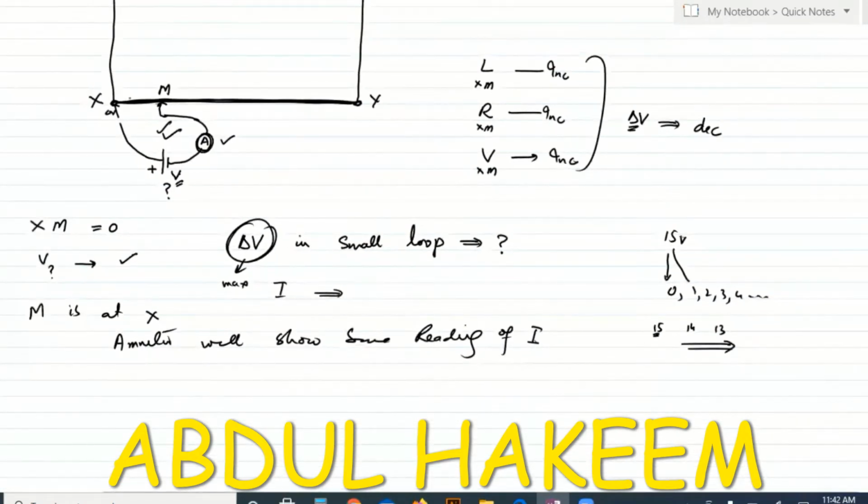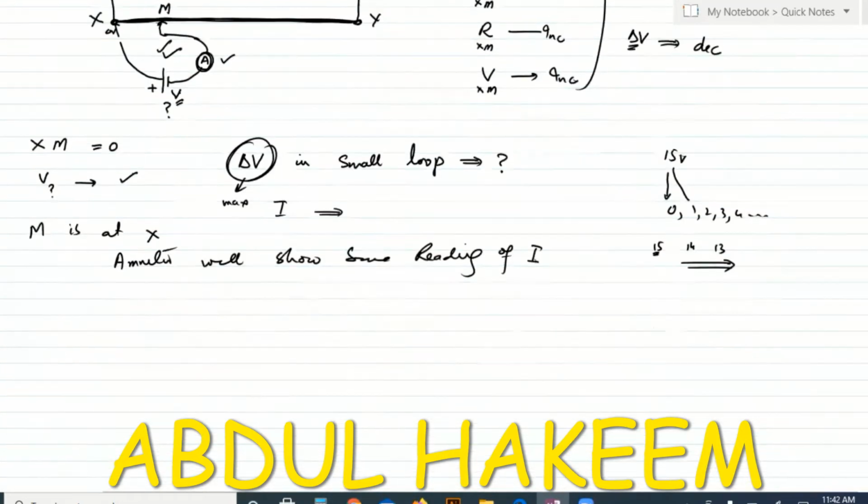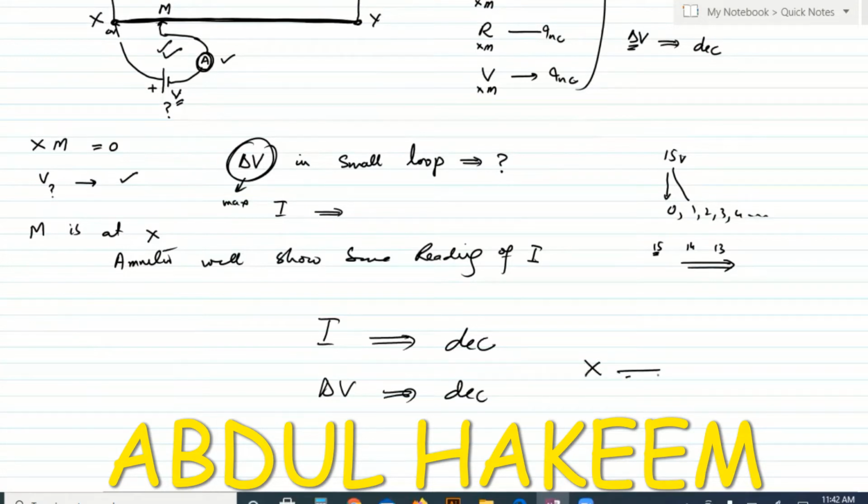So when M moves away from X, due to the increase in the potential between X and M, the potential difference for the small loop decreases. Hence, the current reading decreases because the potential difference, delta V, is also decreasing as M moves away from fixed point X.